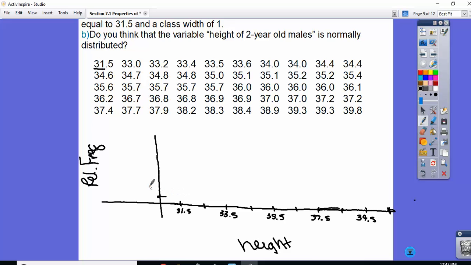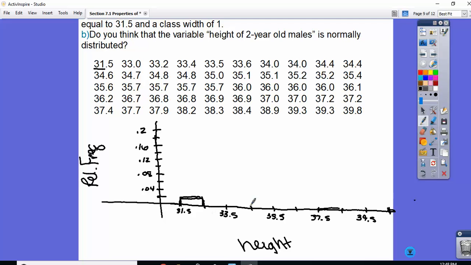So I'm just going to count by 0.02s here. So the probability of being between 31.5 and 32.5 is just 0.02.